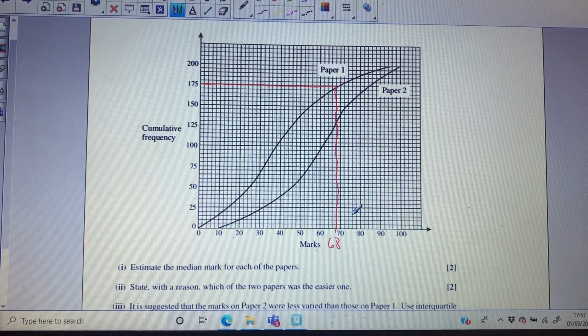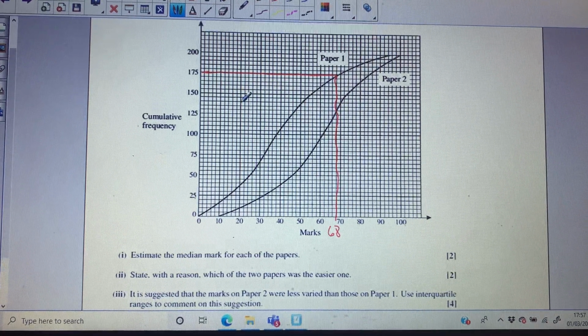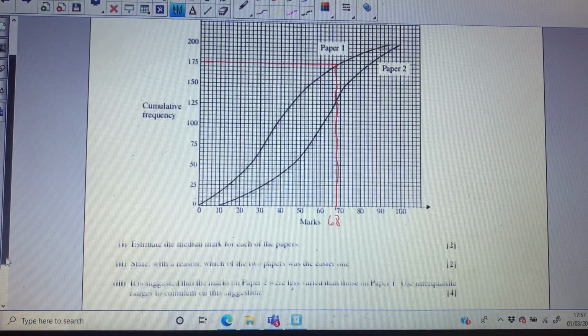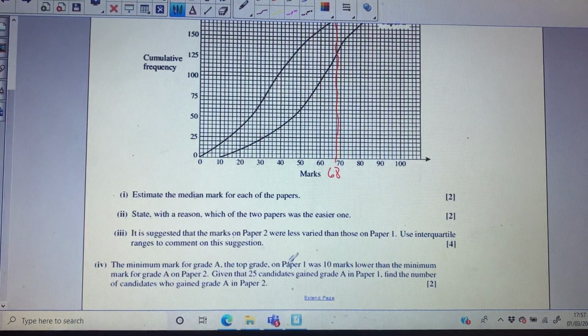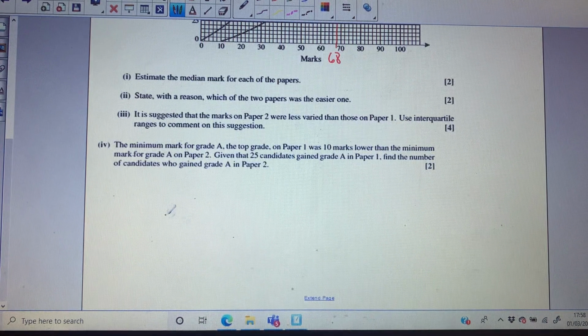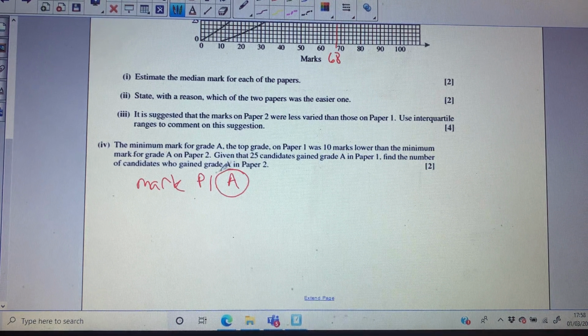So I'm talking about these 25 candidates getting an A on paper 1. So on paper 1, the mark for an A was 68.